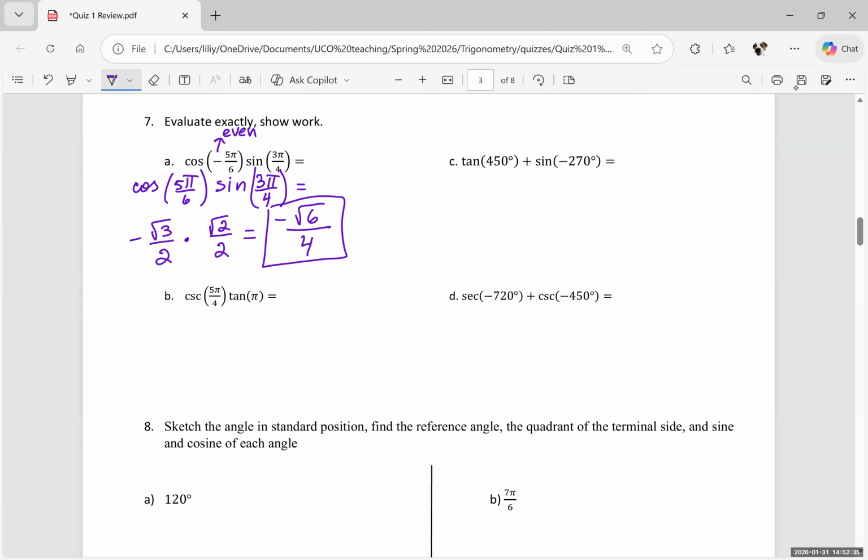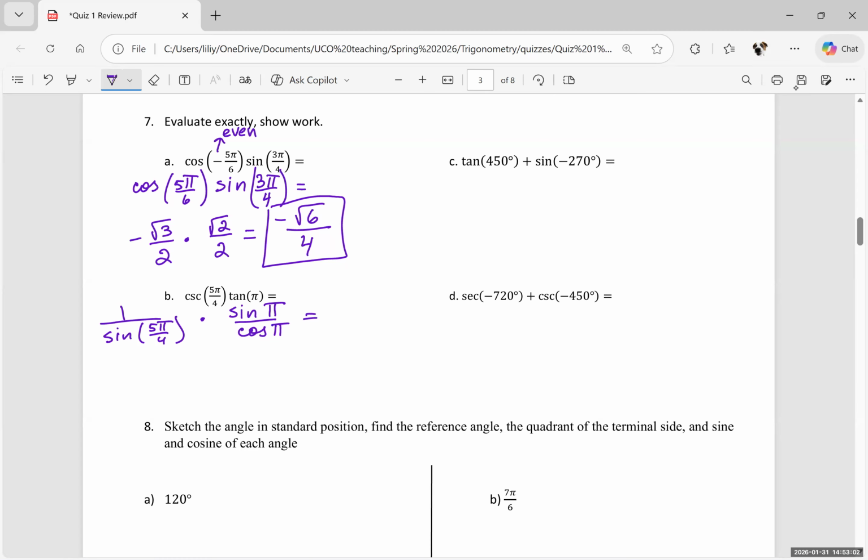Part B, also both angles are on the unit circle, but it's not the sine and cosine, it's actually reciprocal functions, so we have to address that. So cosecant, that's 1 over sine of 5 pi over 4. Tangent at pi, that is sine at pi over cosine at pi.